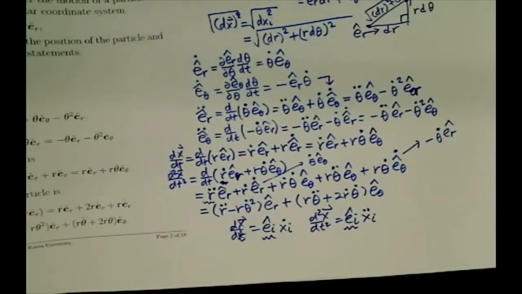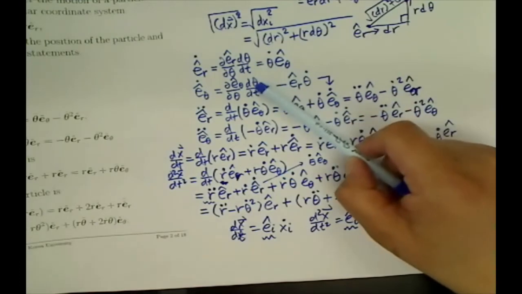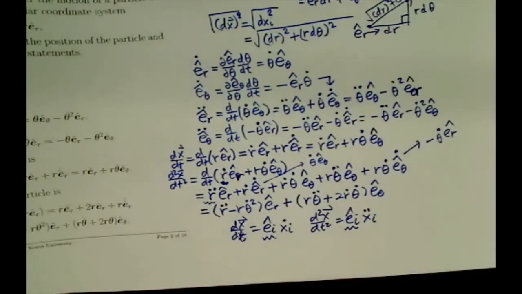However, it can be done in a systematic way. What you need to do is see how er hat and e theta hat are transformed under the angular transformation, and then by making use of the chain rule, you find the rate, and you find a result for the acceleration in two-dimensional polar coordinates.